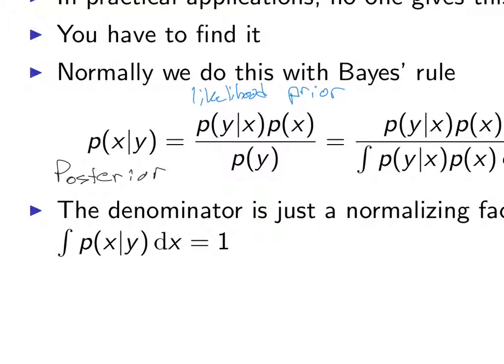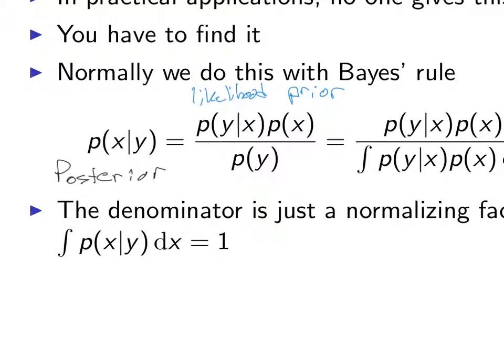This is divided by this other term that I don't think has a word to describe it because it ends up being unimportant. And it's unimportant because it does not depend on x. Remember, we're trying to estimate x, and this probability down here only depends on y, which is known. So you can think of this as a constant. Once you get your measurement, you can plug that in, and that's just a constant.